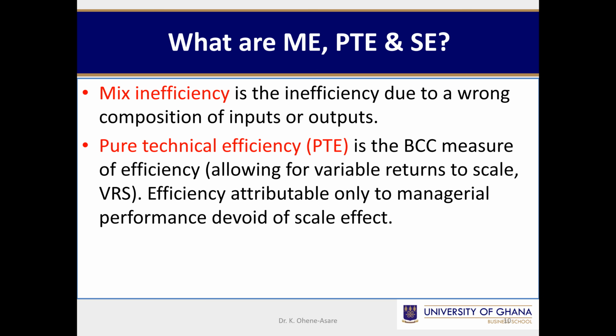So take note. The constant returns to scale was postulated by Charnes, Cooper, and Rhodes. And we'll come back to learn them. Charnes, Cooper, and Rhodes. But the variable returns to scale was postulated by BCC, Banker, Charnes, and Cooper in 1984.